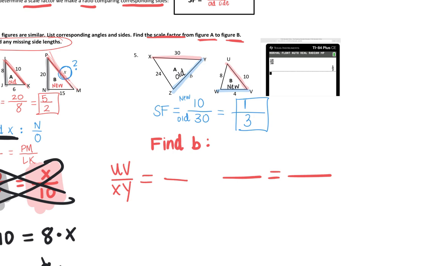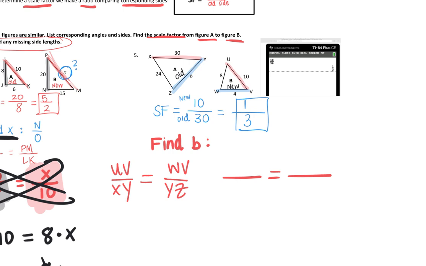The other corresponding side is the one with the missing letter or the missing number. And it says B and 4. My new side is 4. So it should go at the top, which is WV. And my old side is YZ. Okay, so that's how I'm putting things in this proportion.